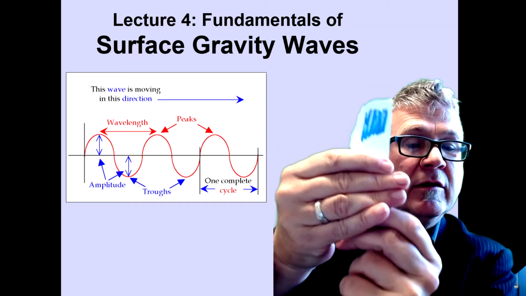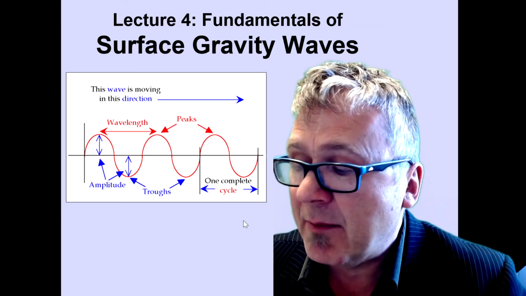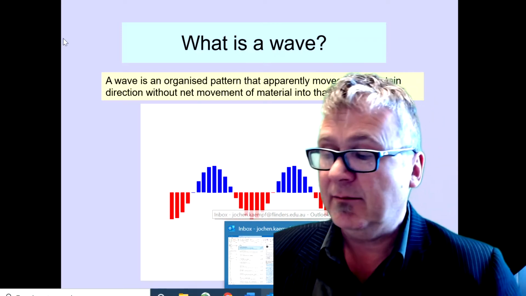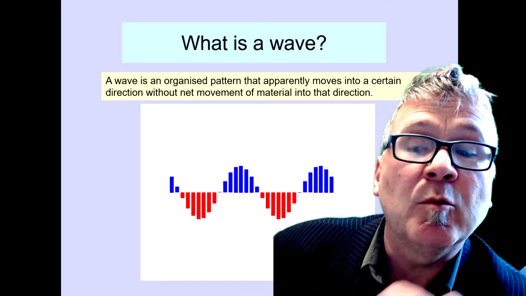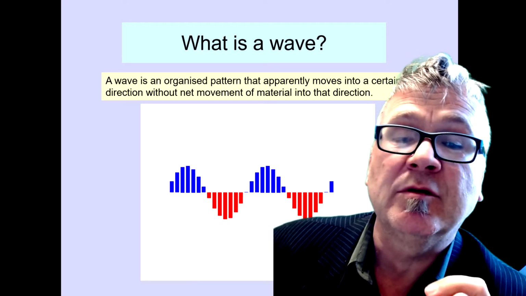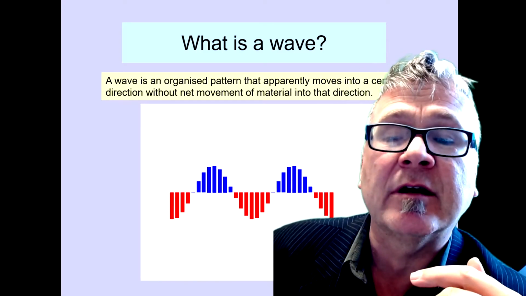So now if you consider a situation like this and you produce a little animation, this is how it looks. This is a wave. A wave is an organized pattern that apparently moves into a direction without net movement of material into that.